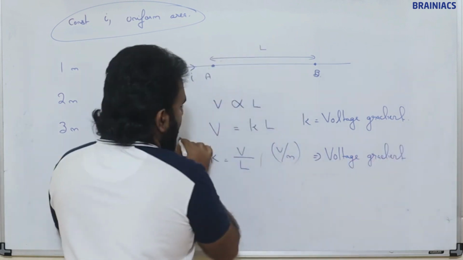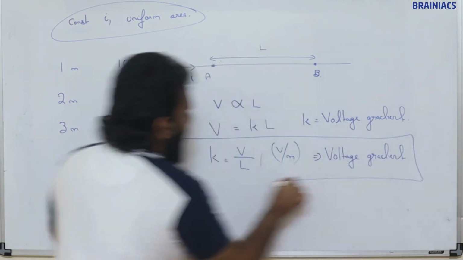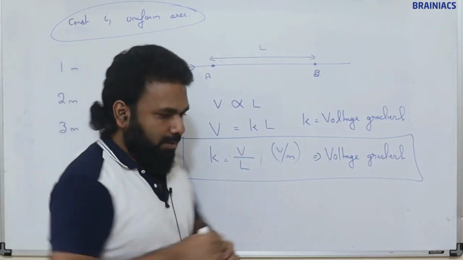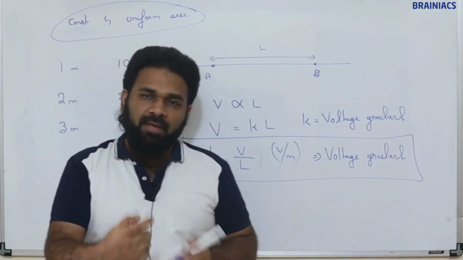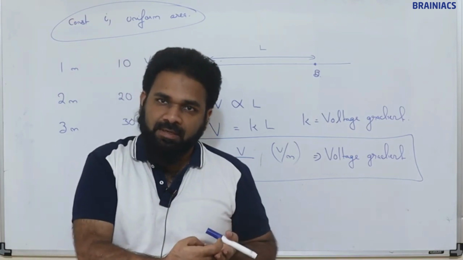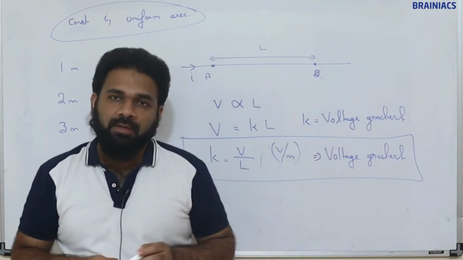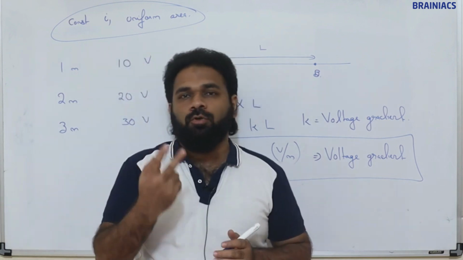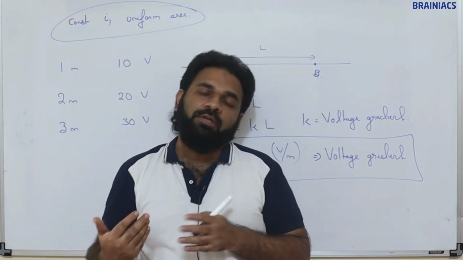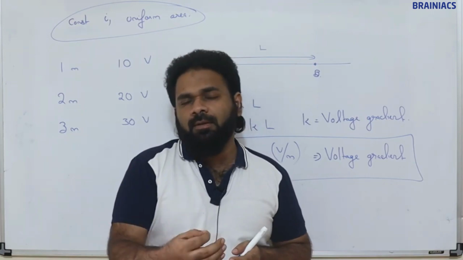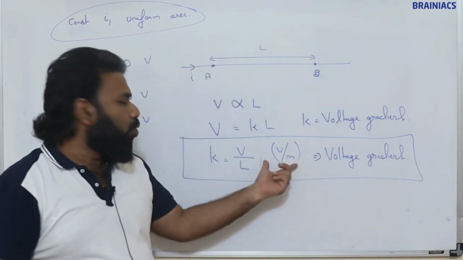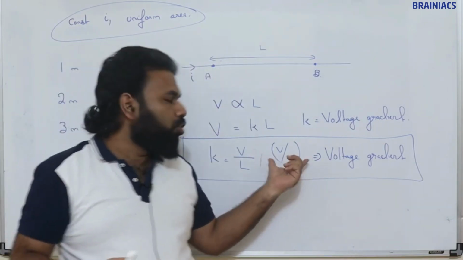This is what is called voltage gradient. Per meter, how much is the voltage? Per centimeter, how much is the voltage? Suppose we know that per meter the voltage drop or potential difference is 2 volt per meter.